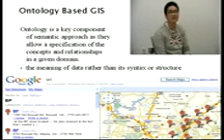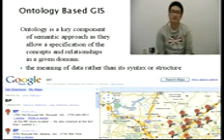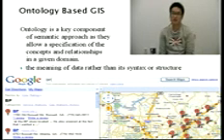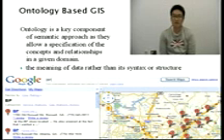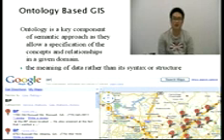Okay, let's talk about ontology from now. Ontology is a key component of a semantic approach, as it allows the specification of concepts and relationships in a given domain. This in turn allows the GIS to focus on the meaning of data rather than its syntax or structure. For example, if a tourist who lives in Japan wants to find a store in the USA, probably he will search for 7-Eleven, one of the most popular convenience stores in Japan.